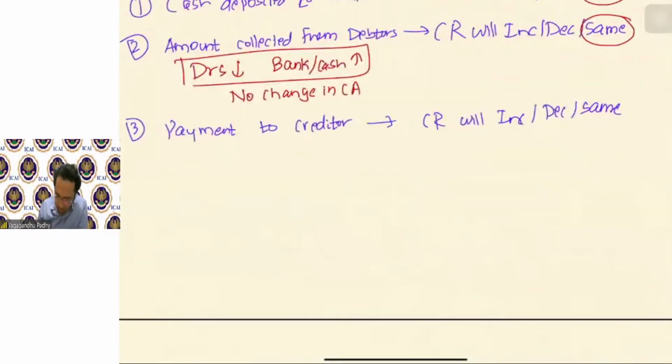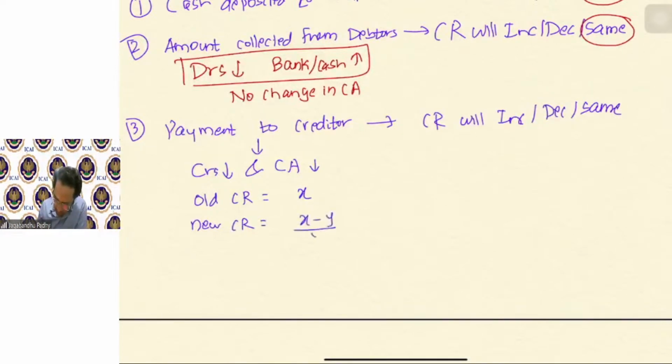Of course, if you're making payment to creditor, the balance of creditors will go down, and also current assets balance will go down, right? So, if your old current ratio was, let's say, X, the new current ratio will be X minus Y upon 1 minus Y, right?